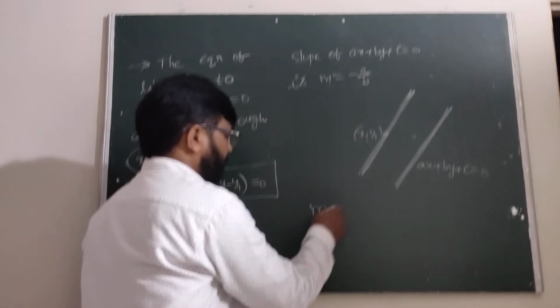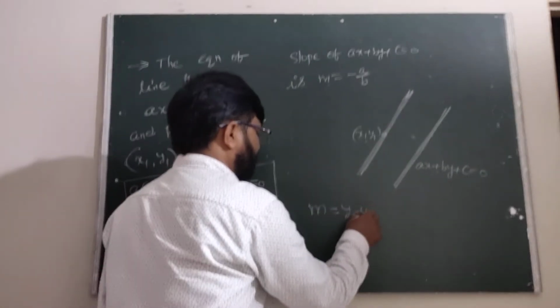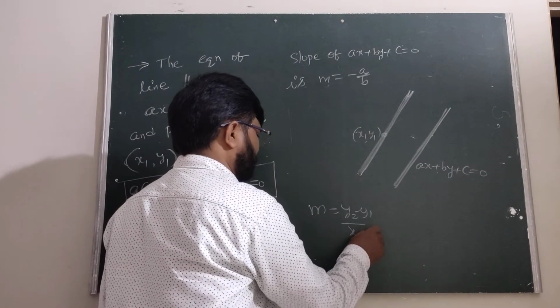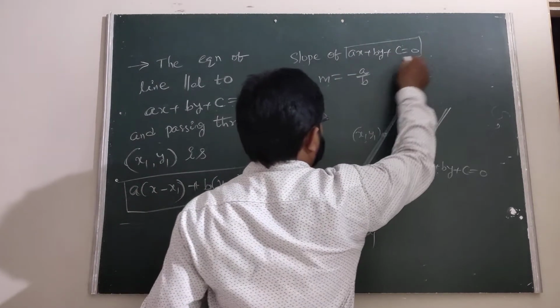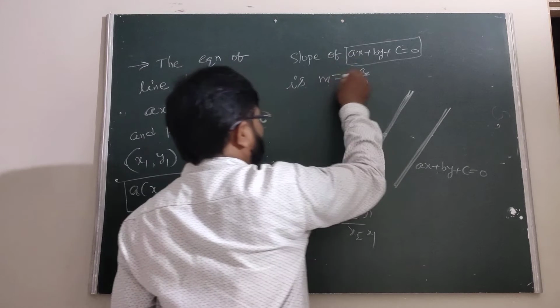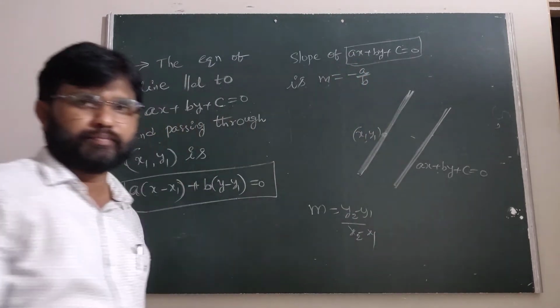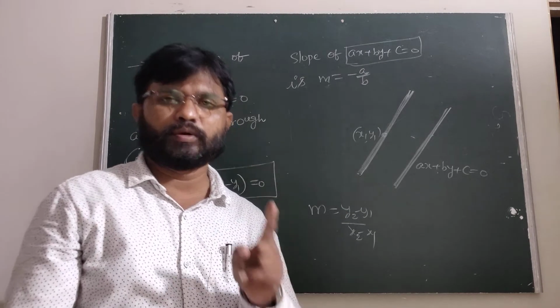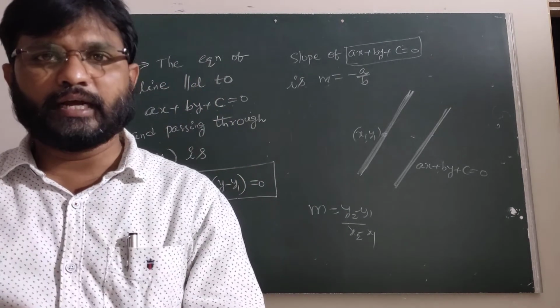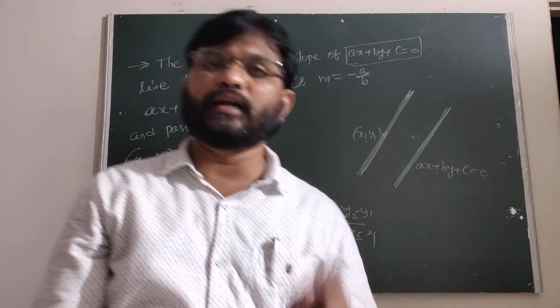m equal to y2 minus y1 by x2 minus x1. When given a first degree equation in x and y, then its slope is minus a by b. So don't confuse it. The slope of the x-axis is 0 and the slope of the y-axis is undefined.